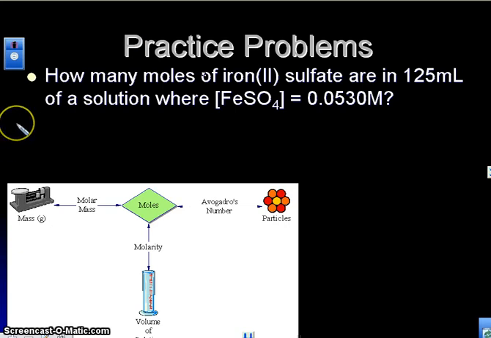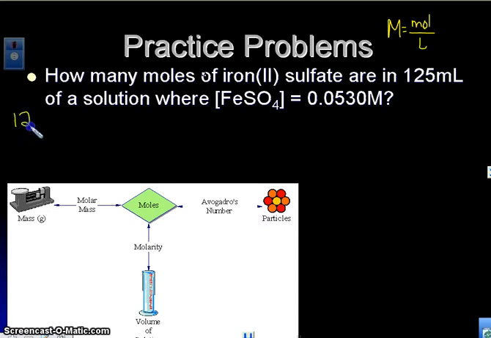Now, one of the issues that we have is that, remember that molarity is equal to moles over liters, and we have been given our volume in milliliters. So what we will want to do is go ahead and convert that to liters. We can do that as part of our factor label.